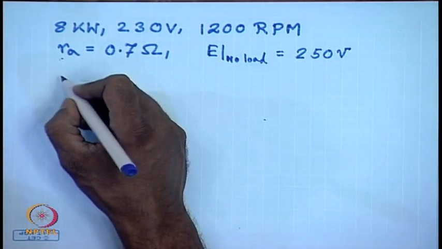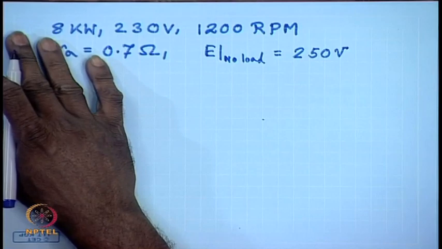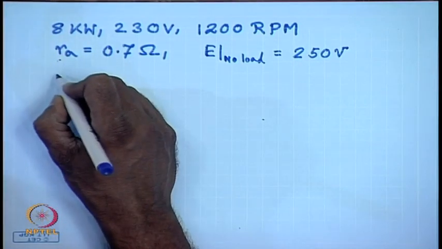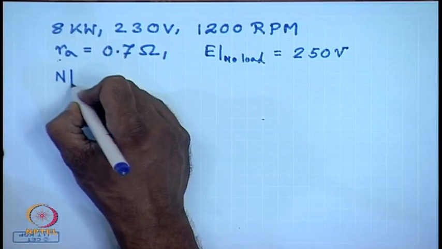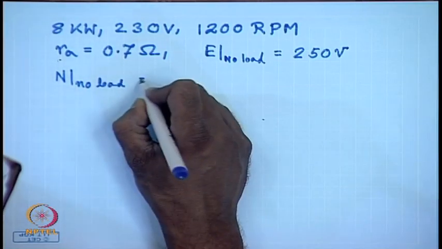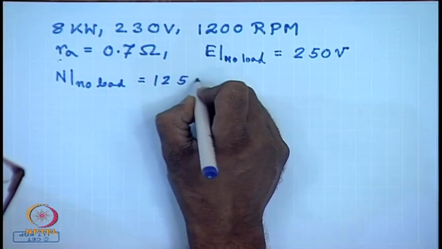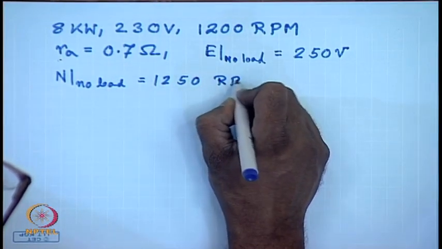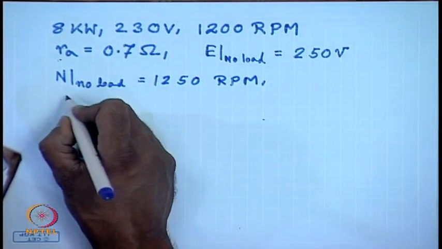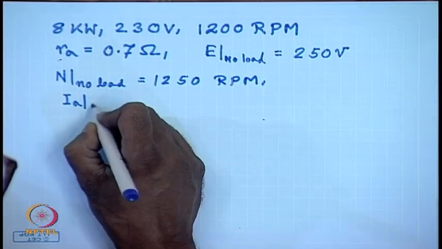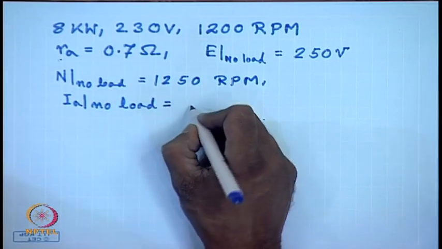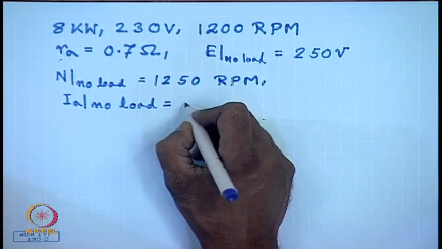The motor runs at no load at 1250 RPM and draws the armature current 1.6 amperes.